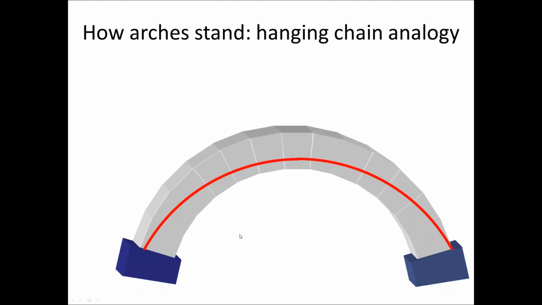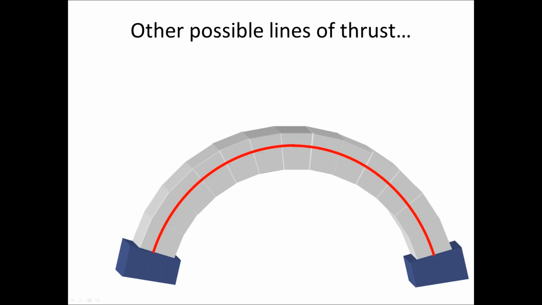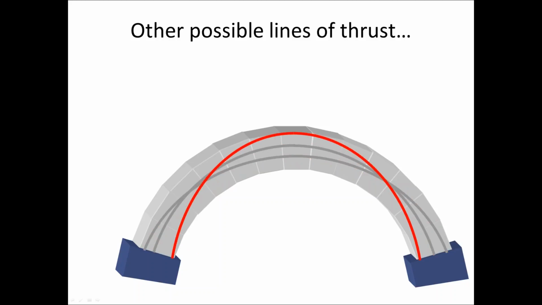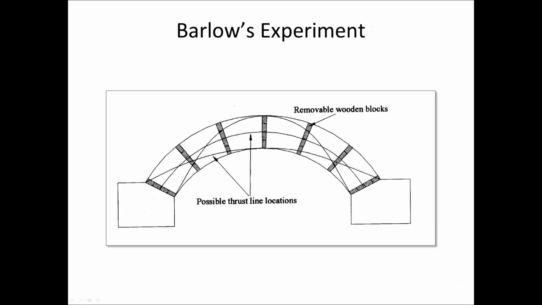Now, the key thing to note is there are many possible profiles or lines of thrust which satisfy that requirement. So we're showing some here, and that was also something that some 100 years later, in the 1840s, William Barlow demonstrated very nicely with an experiment.